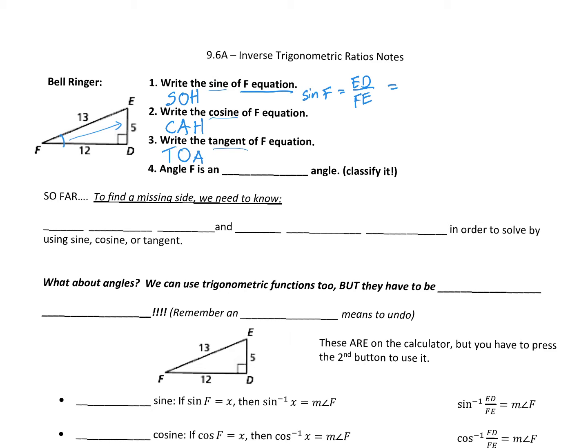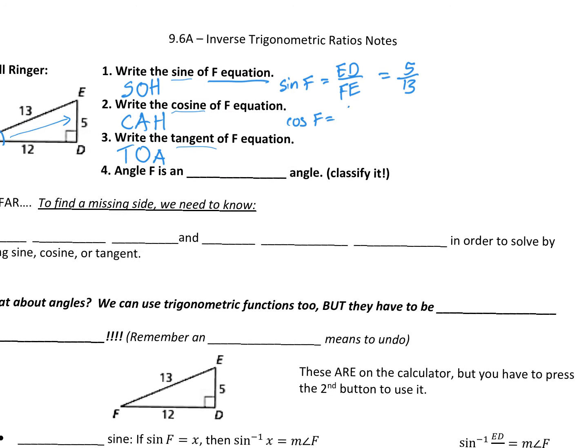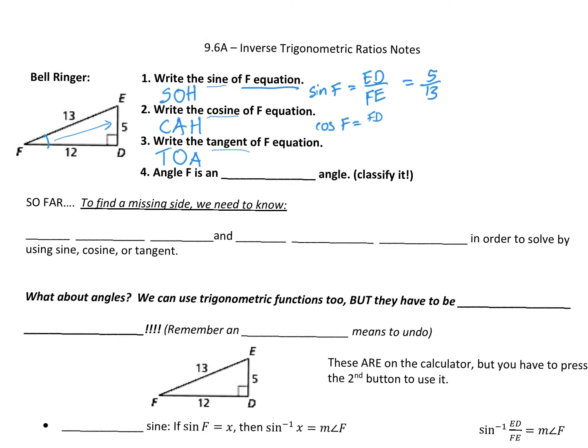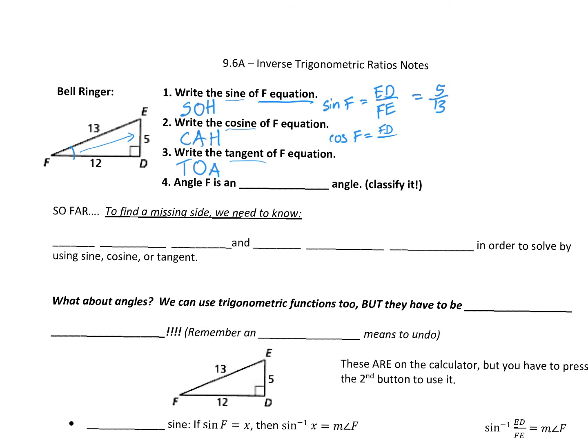This gives us 5/13. CAH for cosine is adjacent over hypotenuse. So cosine of F is our adjacent. Our adjacent is right next to it, so that's FD. And our hypotenuse is FE.